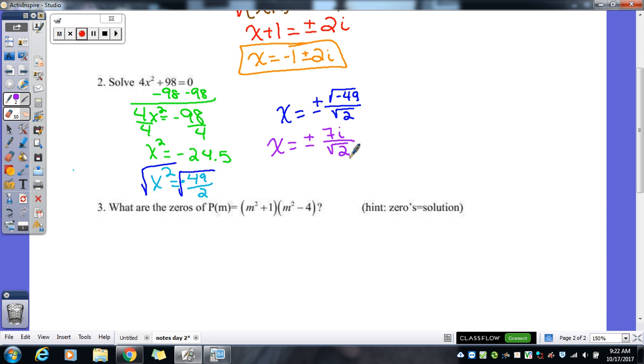No, so we got to rationalize this. So I'm going to multiply top and bottom times radical 2. So 7i times radical 2 becomes 7i radical 2. And then radical 2 times radical 2 would just be 2. And that ends up being our final answer because I can't reduce the 7 and the 2.